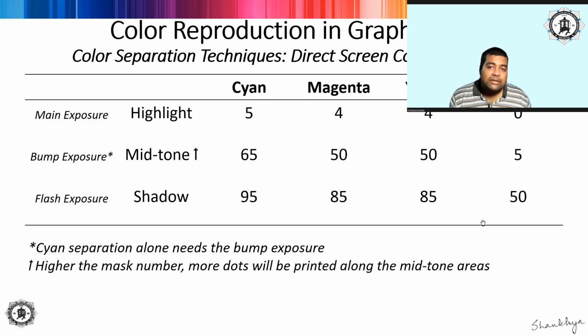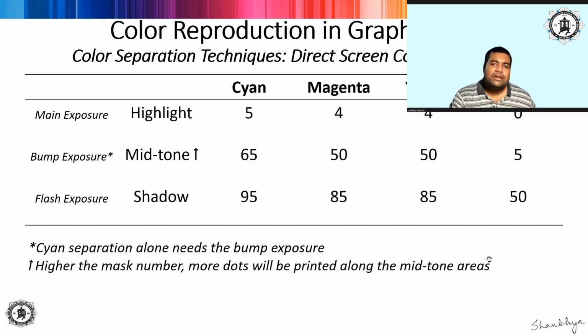By using the main exposure time already set on the timer, you get the correct bump necessary, and the neutral density, in addition to any other filter already over the point source of light during the main exposure, ensures this. To print less cyan in the midtones, we have to use a lower percent bump. Obviously, just the reverse of it.